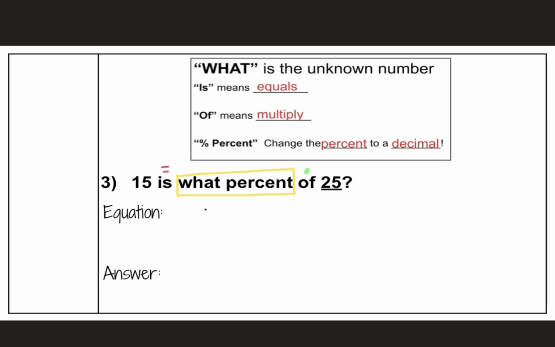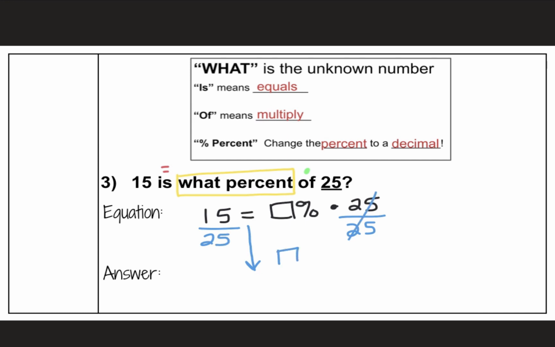We have 15 is what percent of 25? Now, what will get the times 25 out of there? If I divide by 25. So I'm going to take both sides and divide by 25.